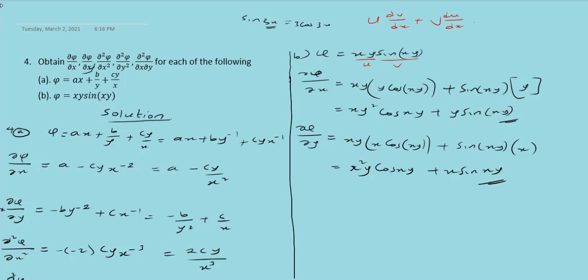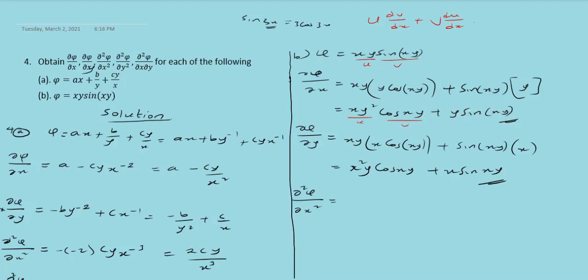Now we want to differentiate the second time now. This square phi all over the s square. So that means the answer I have here, I am going to differentiate this the second time with respect to x. Don't forget, in this case, this will be serving as uv.